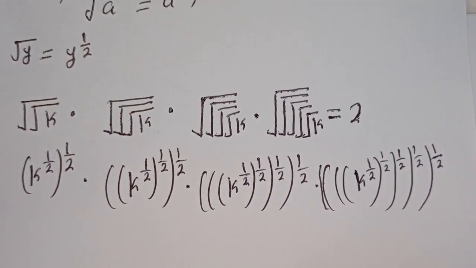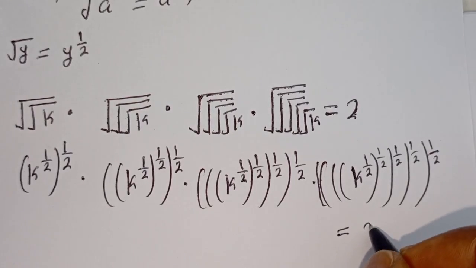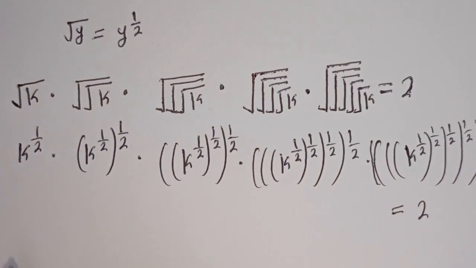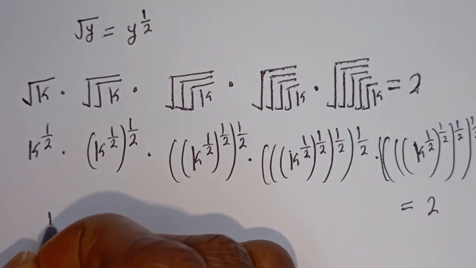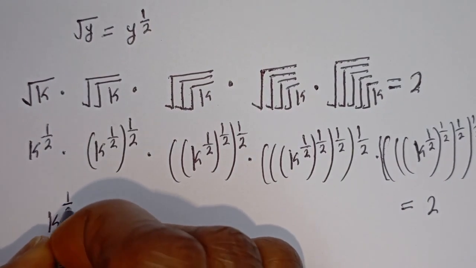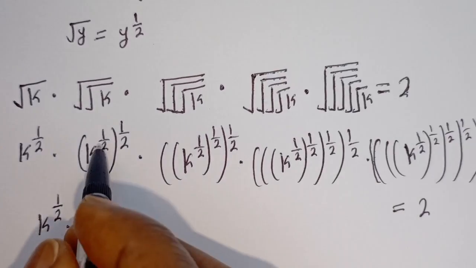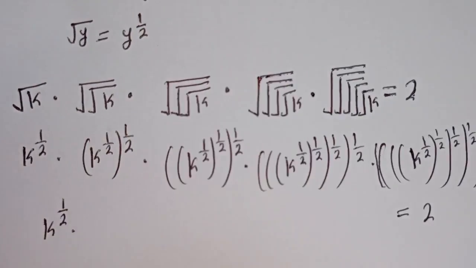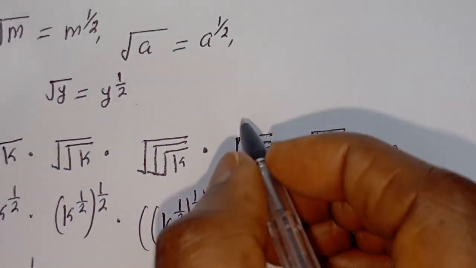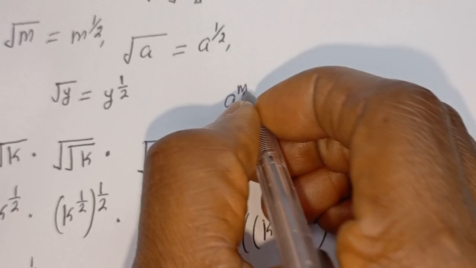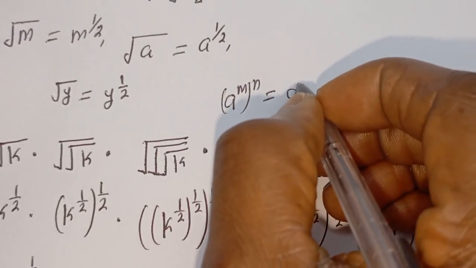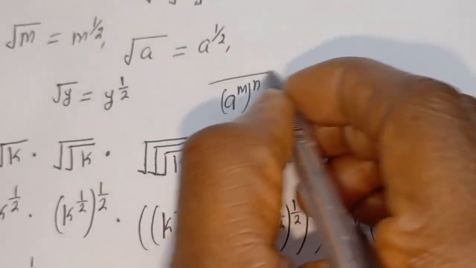Then everything is equal to 2. Now let's see. The first k is k to the power of 1 over 2, multiplied by the second one. Take note of this: if you have a to the power of m to the power of n, this is equal to a to the power of mn.